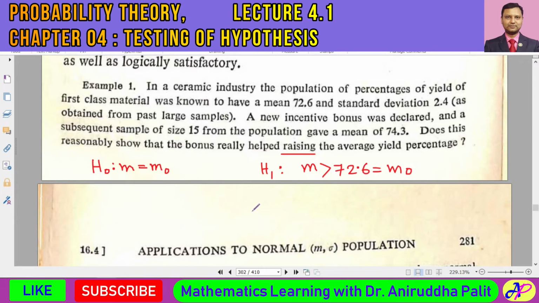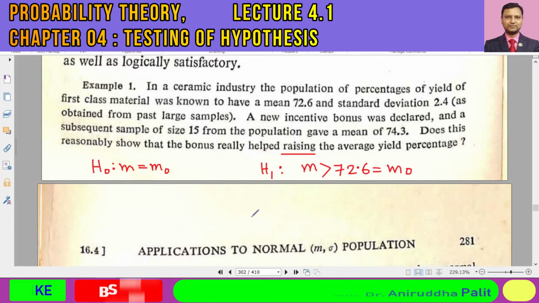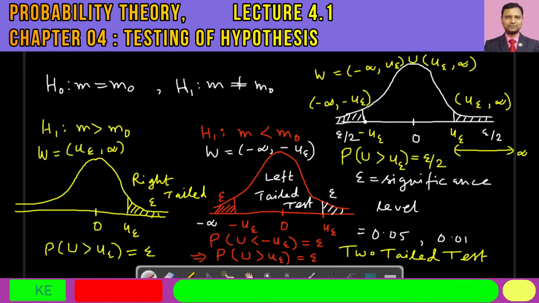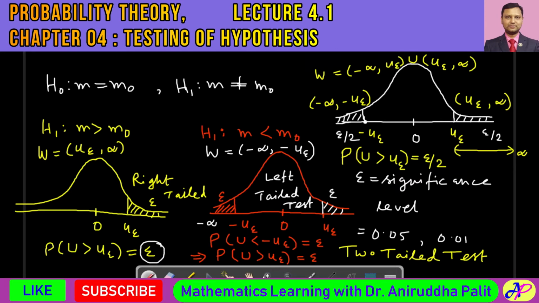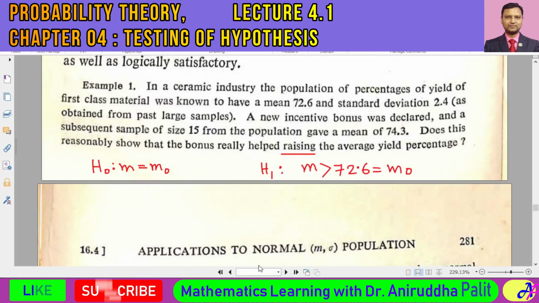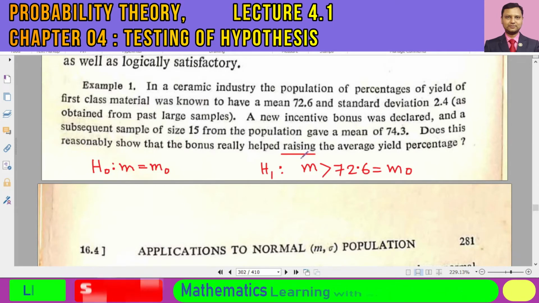In the right-tailed test, as I told you, the probability of u greater than u epsilon should be obtained by epsilon. Now the question is, what is epsilon? Nothing has been mentioned in the question regarding the significance level.